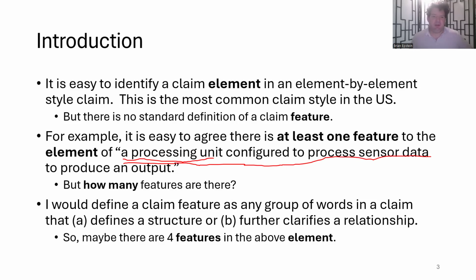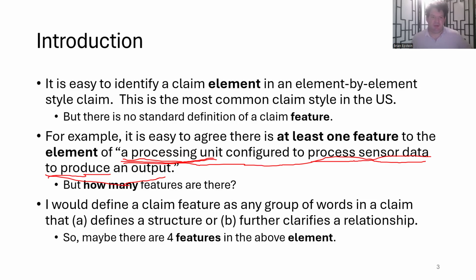A processing unit to produce an output. And I think that's three. Oh, and of course, there's the whole one, a processing unit configured to process sensor data to produce an output. Typically, that might focus more on process sensor data to produce an output, right?